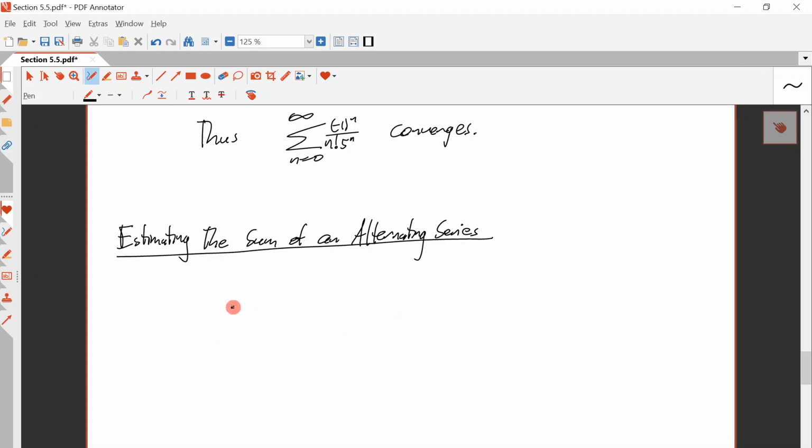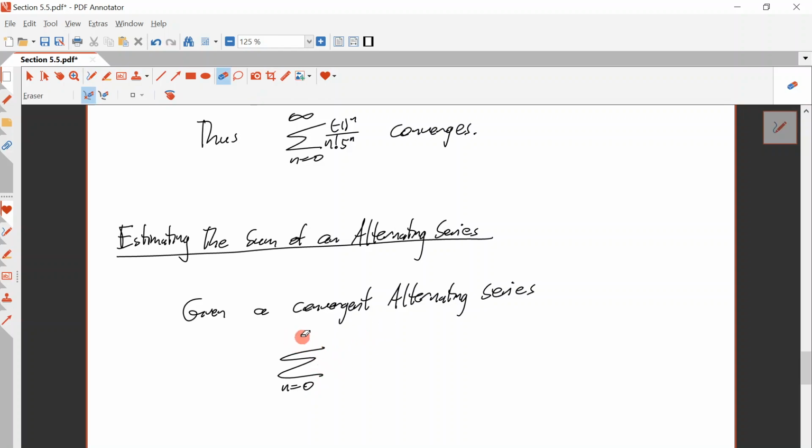Given a convergent alternating series, the sum n equals 0 to infinity of minus 1 to the n, A_n, or minus 1 to the n minus 1, either one.